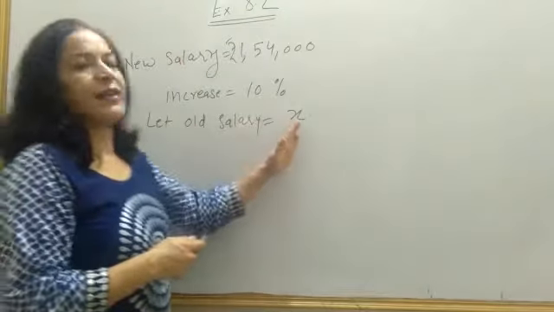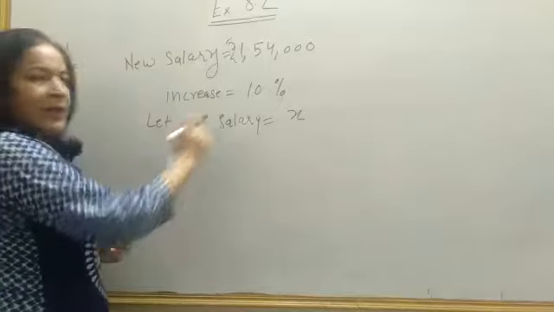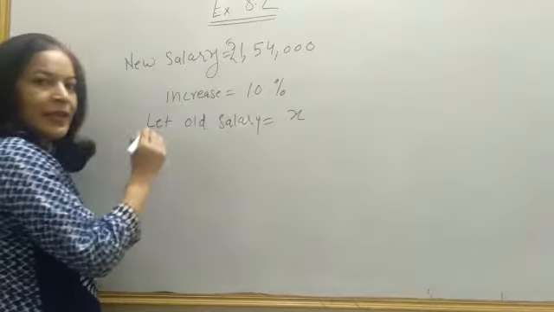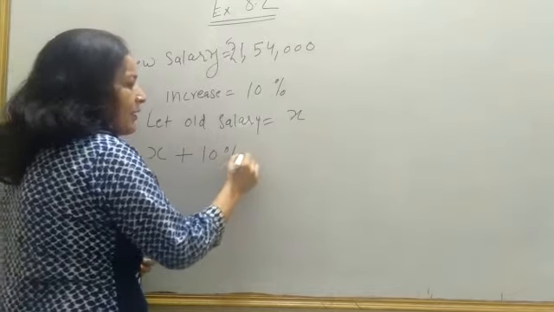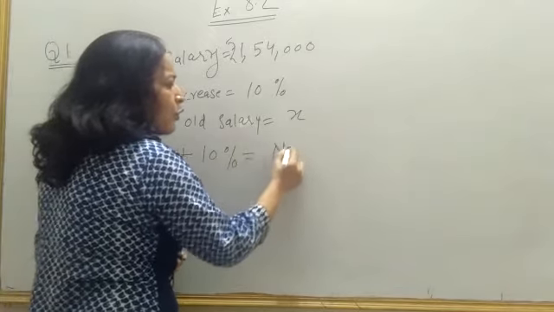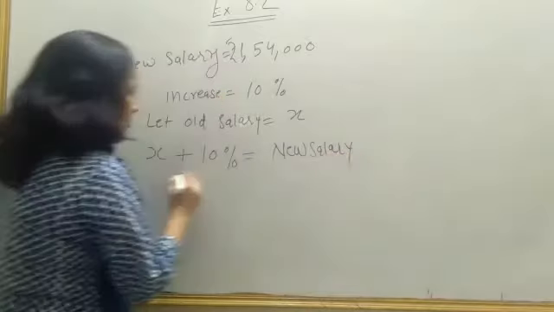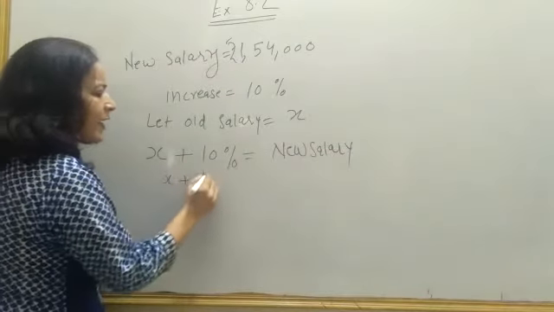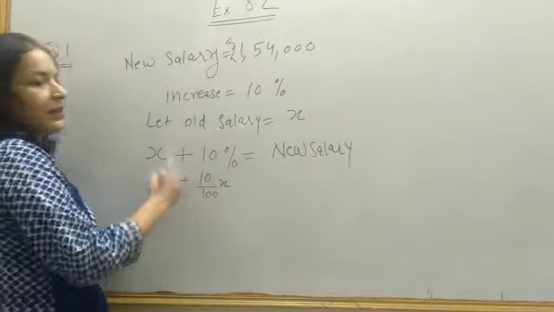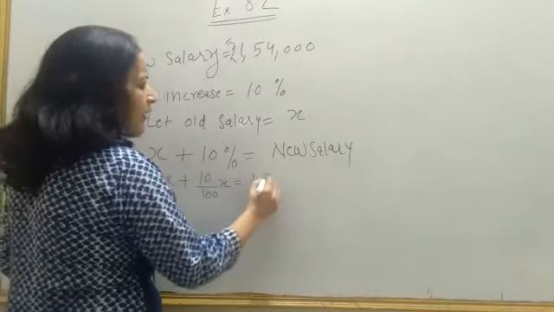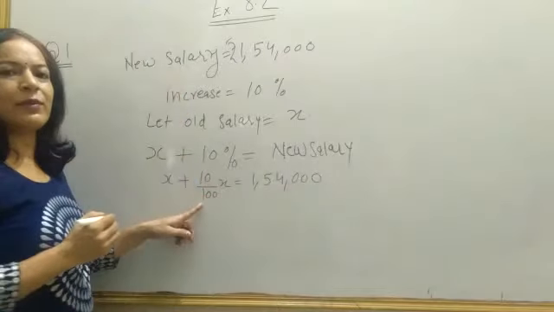So students, how will you find it? Let the old salary be X, increase 10%. Old salary plus increase will be equal to new salary. So X was the old salary, and 10% means 10% of my old salary. So X plus 10 upon 100 of X equals 1,54,000.